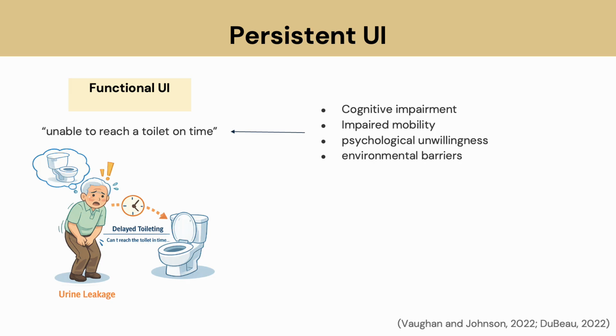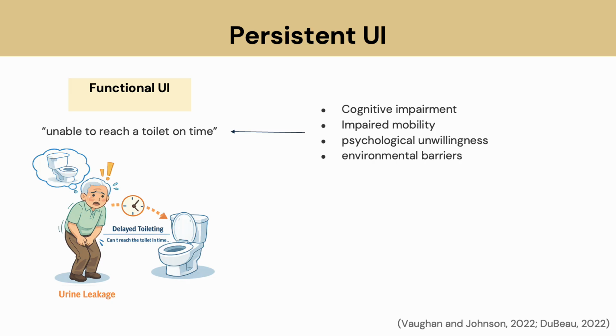Common contributing factors include cognitive impairment, impaired mobility, psychological unwillingness, and environmental barriers such as a toilet that is too far away, poor lighting, or clothing that is difficult to remove.